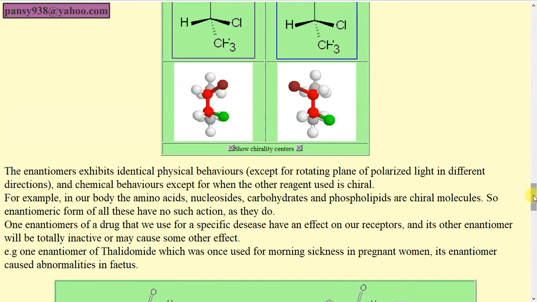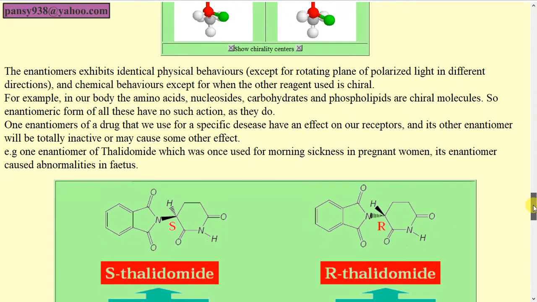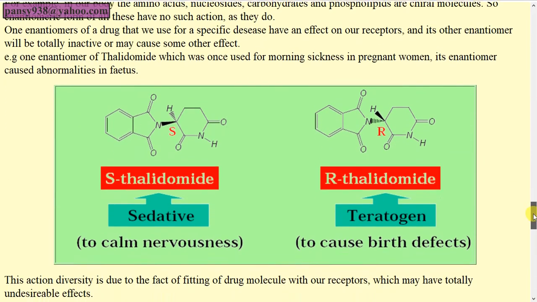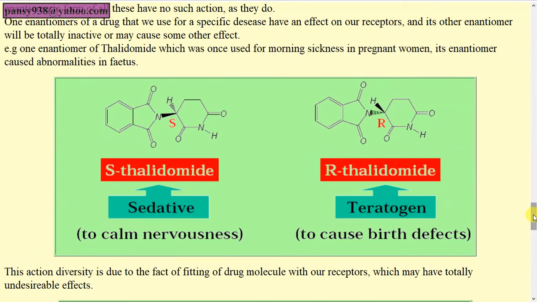The enantiomers of a drug that we use for a specific disease have an effect on our receptors, and its other enantiomer will be totally inactive due to the different reagent. And remember, this character was first observed in thalidomide, a drug which was once used for morning sickness in pregnant women.